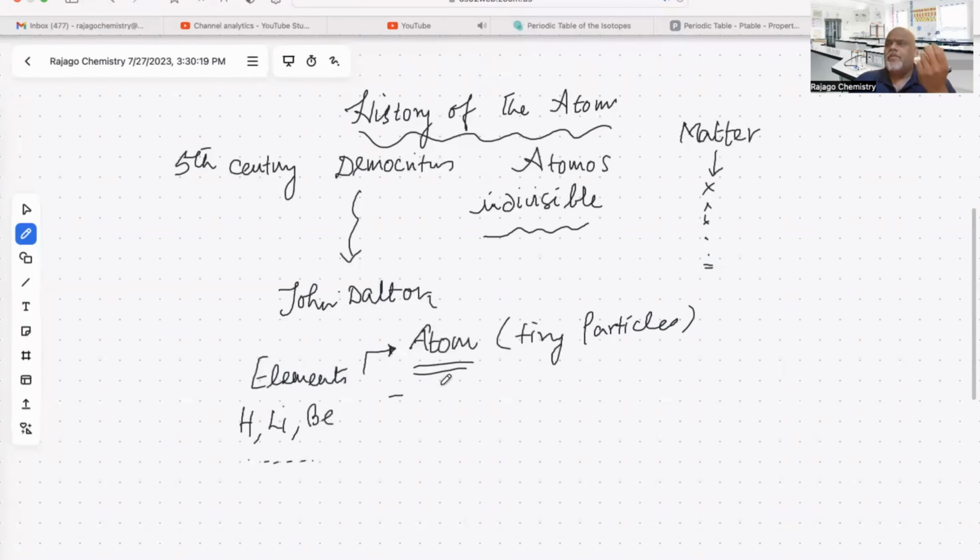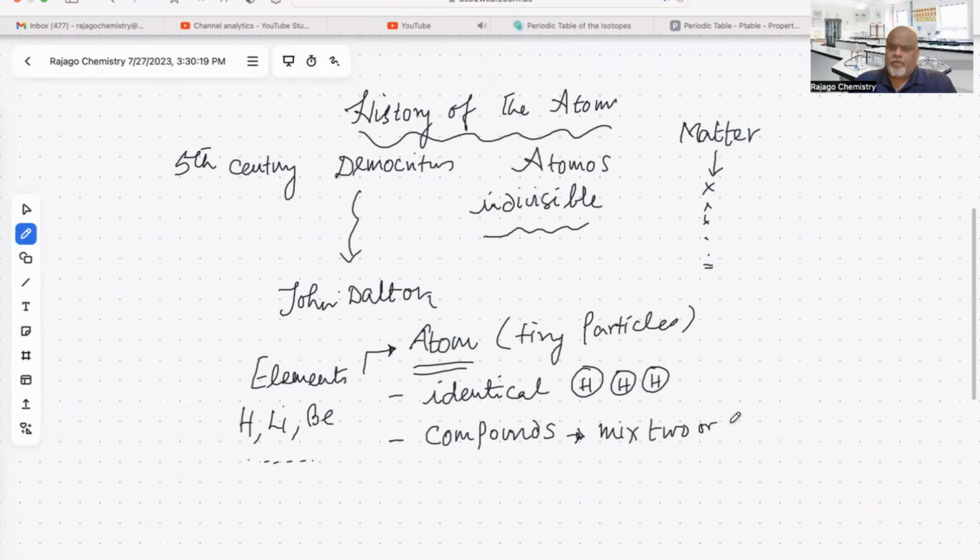And all the atoms of the same element will be identical, right? So hydrogen and hydrogen will look identical. And compounds are nothing but, if you mix two or many elements together, it will become compounds.